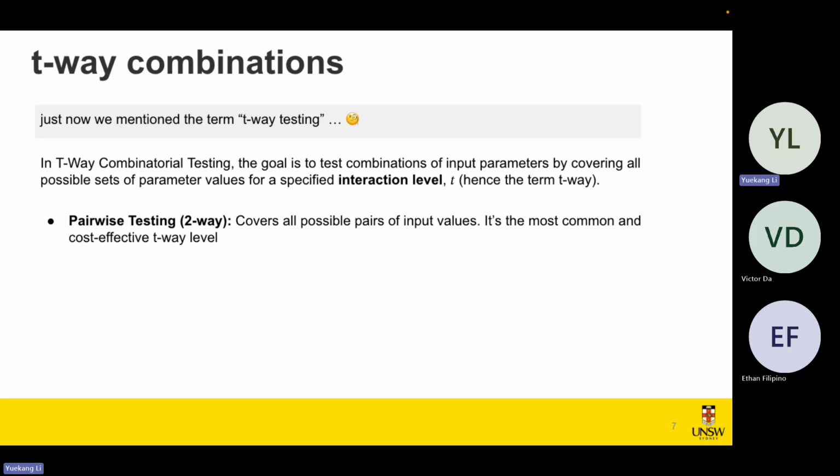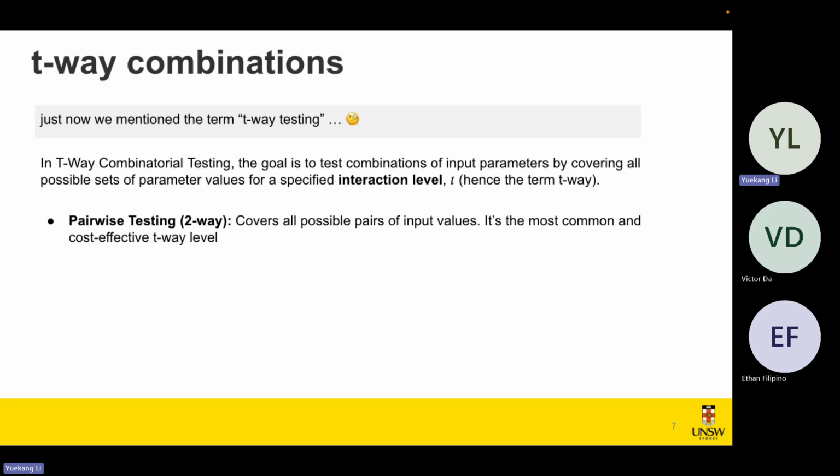As you can see here, t is a variable used for specifying the level of interactions, so we can assign different values to t. If t takes the value of 2, then we are doing pairwise testing, which means that we only care about the different combinations of 2 variables.